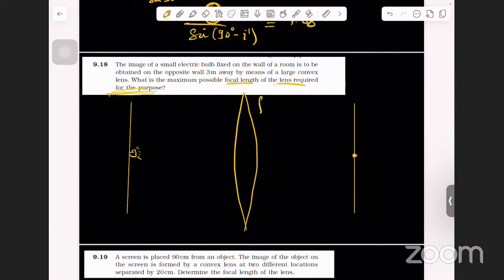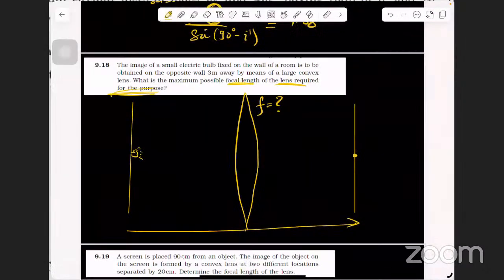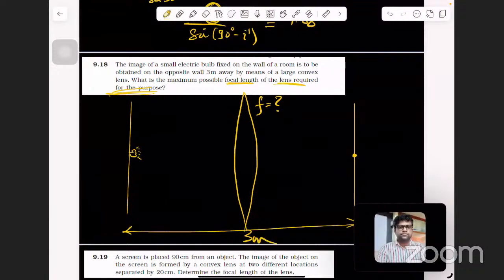What is the focal length of this thing? And this total length is 3 meters.